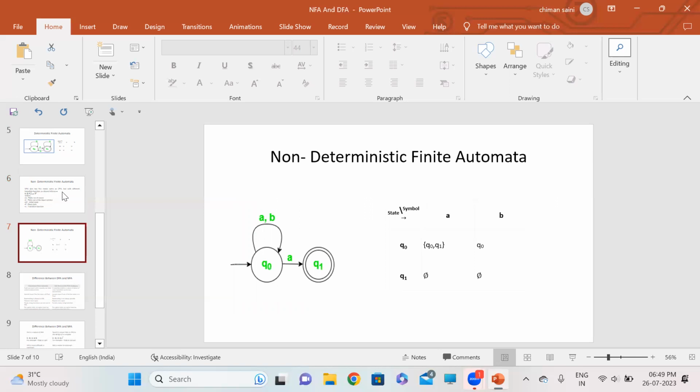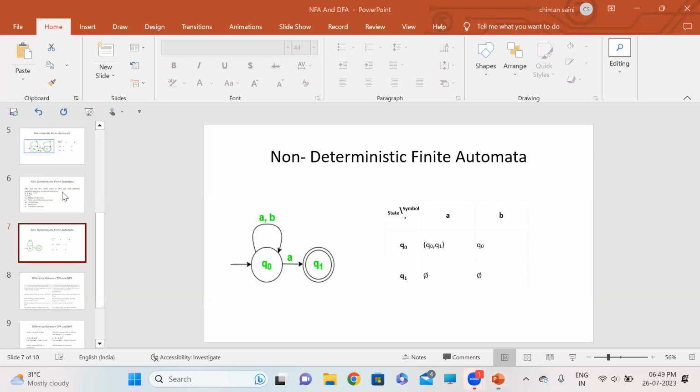Okay, so what we see in the deterministic finite automata is that at any state, after applying a single input symbol, we move to a single state. We can determine it. But in the case of non-deterministic, after applying a single input, we can move to more than one state. See this diagram.